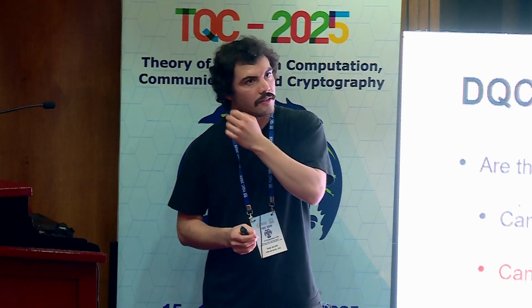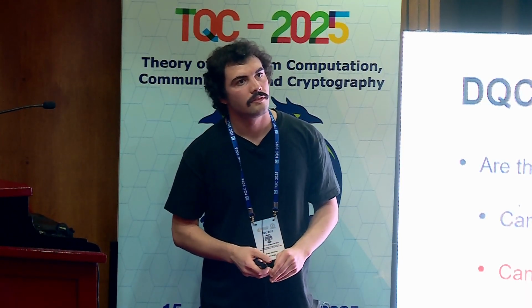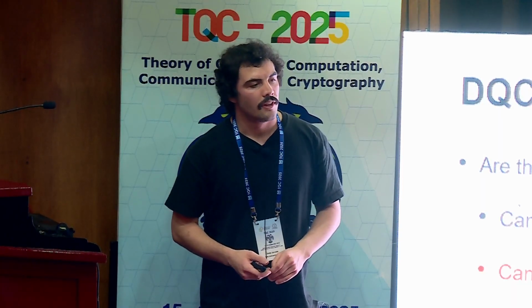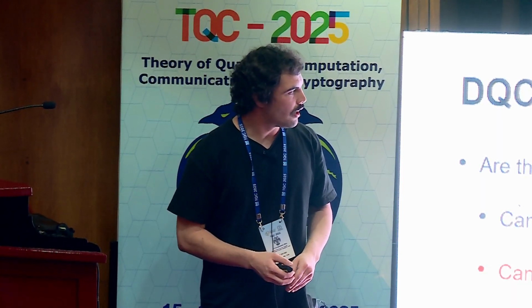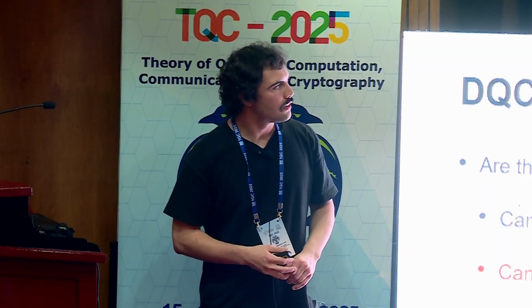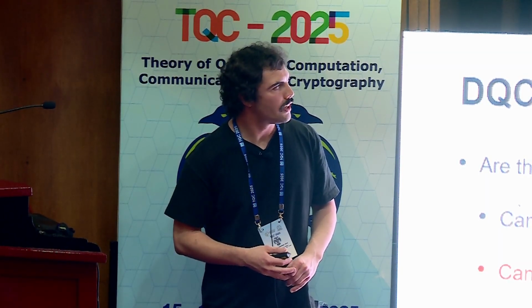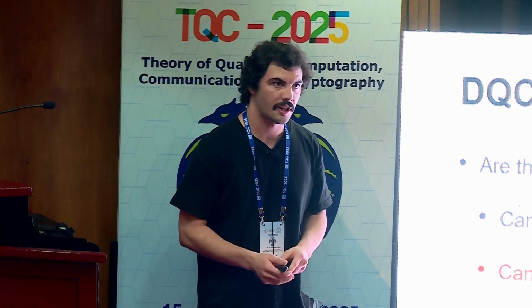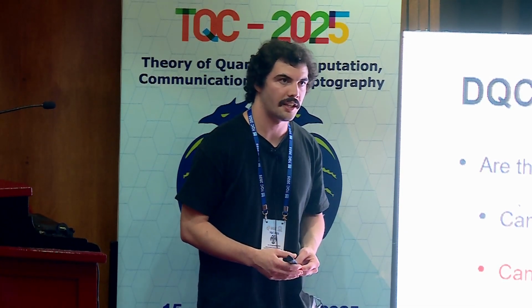Sorry, what I meant was that 3 over 5 squared and minus 3 over 5 squared are indistinguishable. Oh, the sign. Yeah, that's a good point. I don't think the proof works for distinguishing the sign. Thanks.